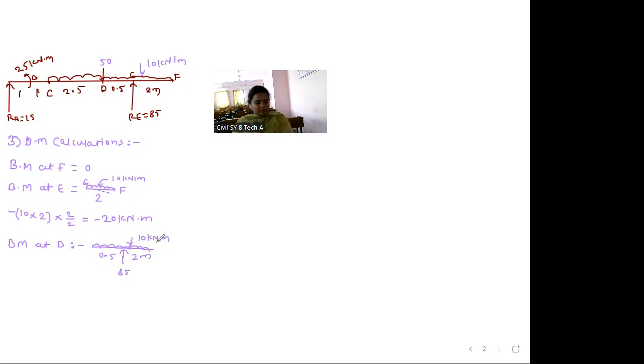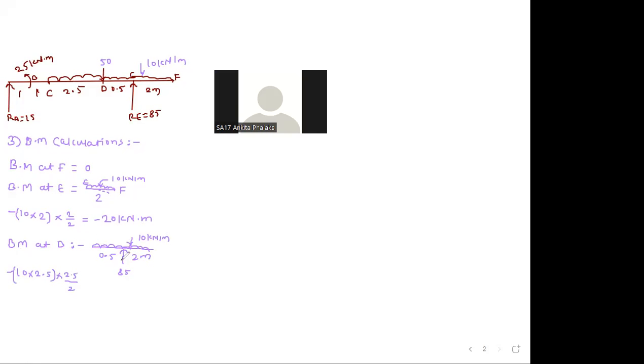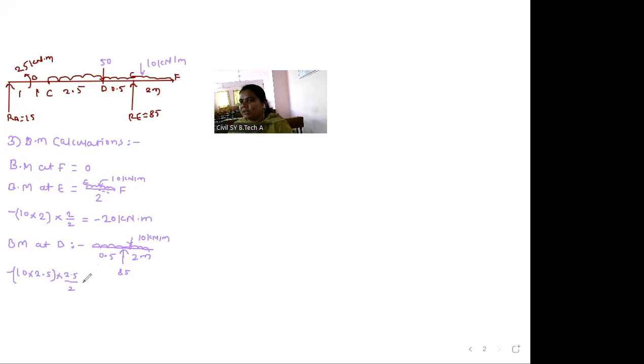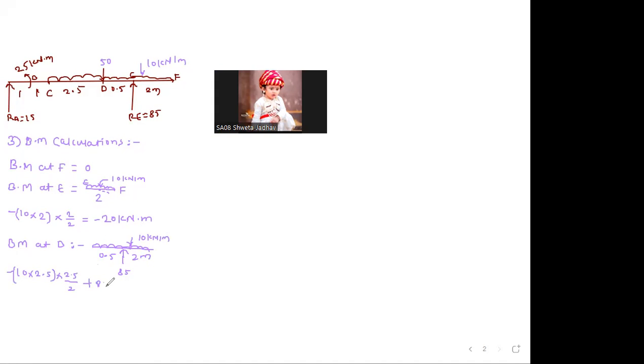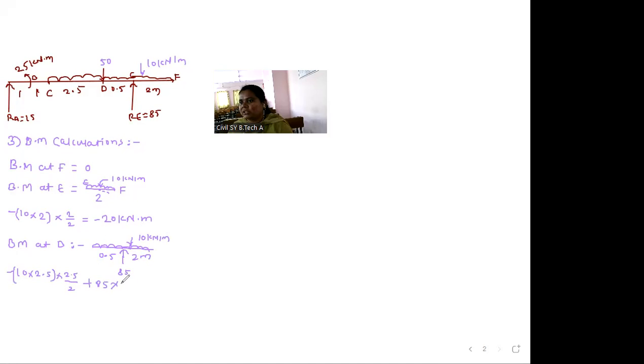So this 10 kilonewton pushes downward, that means minus 10 into, first we have to convert into point load, so 10 into 2.5, and after that it will act 2.5 by 2, and then we will consider this 85. So 85 pushes upward, that means plus 85 into perpendicular distance is 0.5.